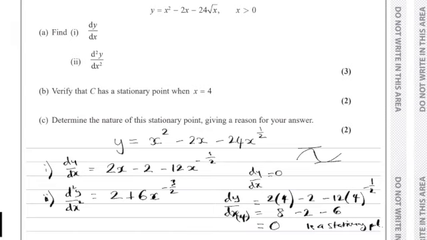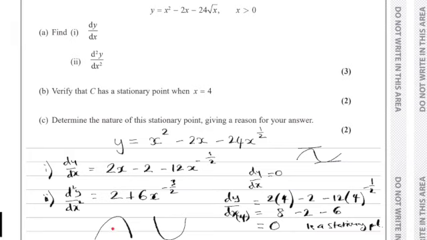Right, the last part, we're going to need a little bit of space, so I'm going to delete some of this stuff, but it wants us to determine the nature of the stationary point. In other words, it wants to know, have we found a maximum, concave, or have we found a minimum, convex? And we can know the difference when we evaluate x equals 4 in the second differential.